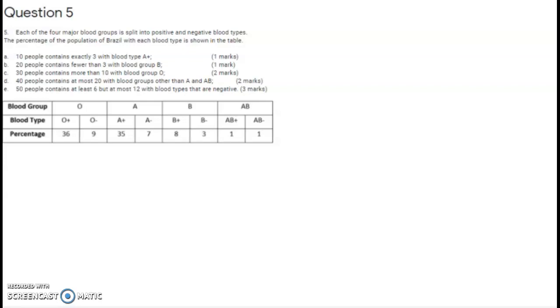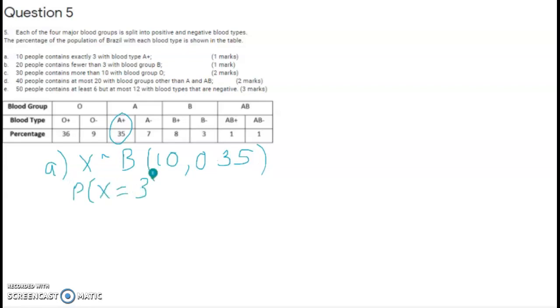So let's start. For this question, I have a binomial distribution with 10 people. We're looking at blood type A+, and looking at the table, I can see that A+ has a 35% chance of getting chosen. Then it's asking me the probability that exactly 3 have that blood type.